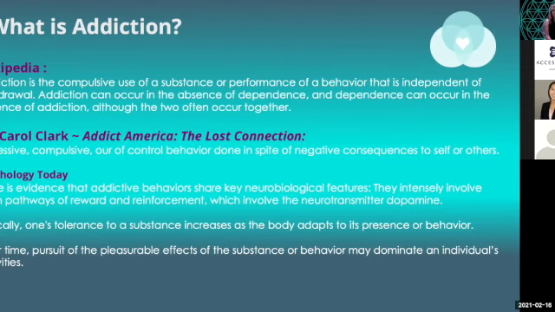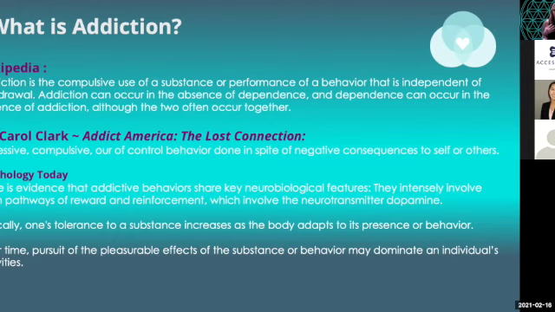Now, there's a little piece in Psychology Today that I wanted to share. They said there's evidence that addictive behaviors share key neurobiological features. They intensively involve brain pathways of reward and reinforcement, which involve the neurotransmitter dopamine. So maybe some of us have heard of dopamine, maybe some of us have not.